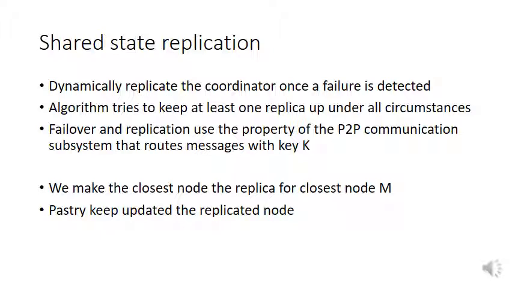The algorithm tries to keep at least one replica under all circumstances. Failover and replication use the property of P2P communication subsystems that route messages with the key K. We make the closest node a replica for the closest node M. Pastry keeps the replica node updated by using multicast.